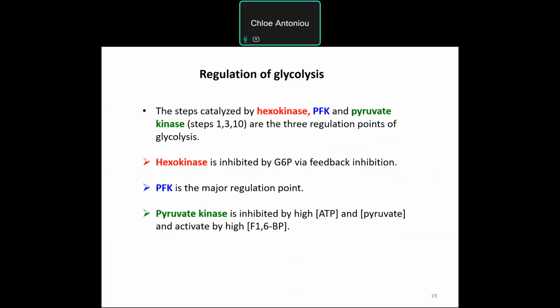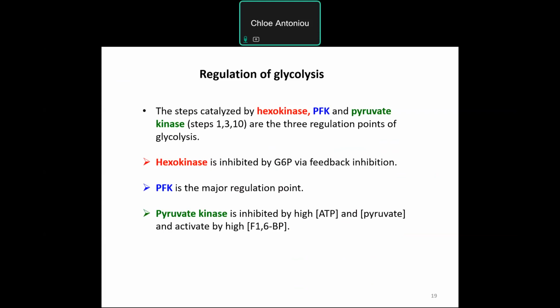So that's also feedback inhibition. Pyruvate is also inhibitory. Yes, because it's a product. So again, feedback inhibition. And there is activation by high fructose 1,6-bisphosphate. If you think about it, fructose 1,6-bisphosphate is an intermediate well before pyruvate.